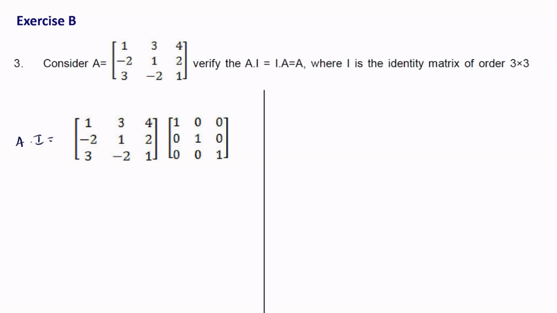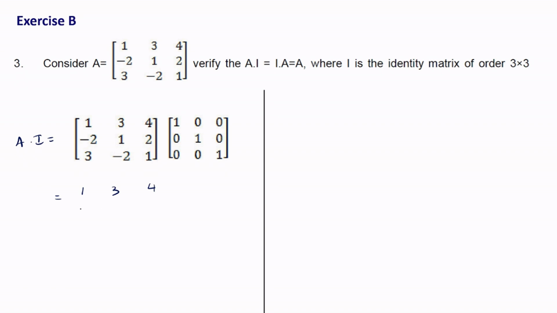So A into I, where A is the given matrix and I is the identity matrix. If we multiply this, first row first column is 1 plus 0 plus 0, first row second column is 0 plus 3 plus 0, first row third column is 0 plus 0 plus 4.